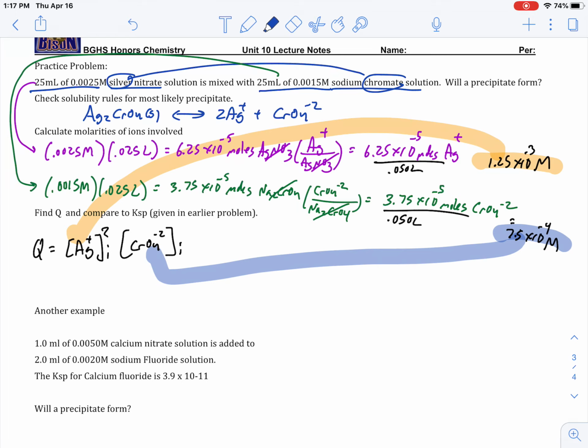So our value for Q is 1.2 times 10 to the negative 9th. And that is greater than the KSP. If you recall, the KSP was 2 times 10 to the negative 12th. So that means this reaction, there's too much product, this reaction will go backwards, and yes, a precipitate forms.